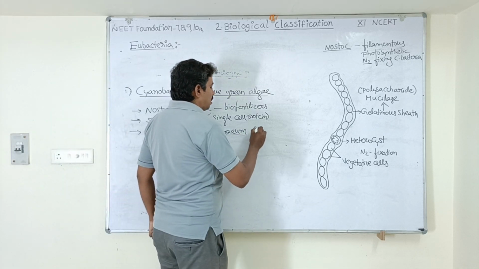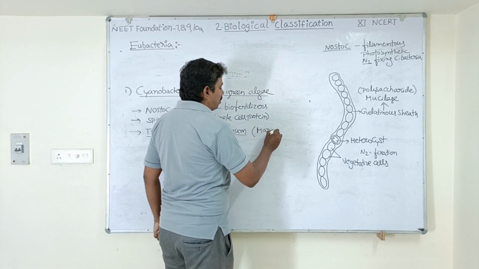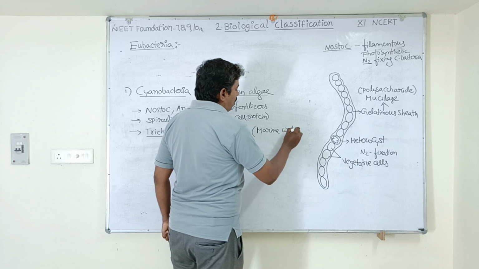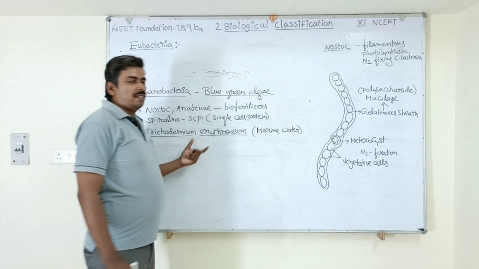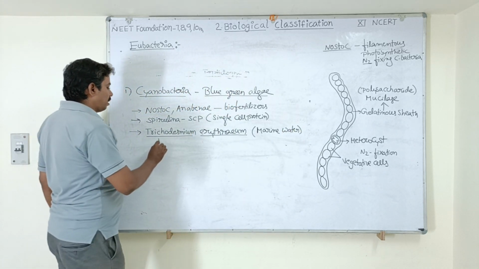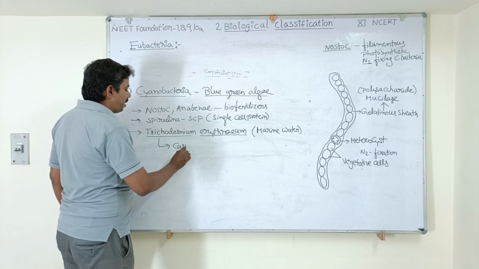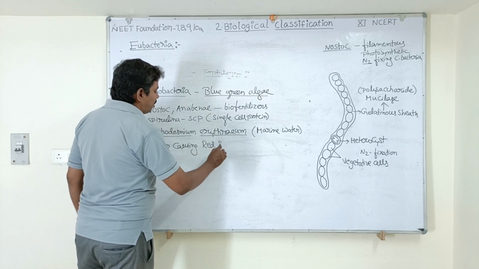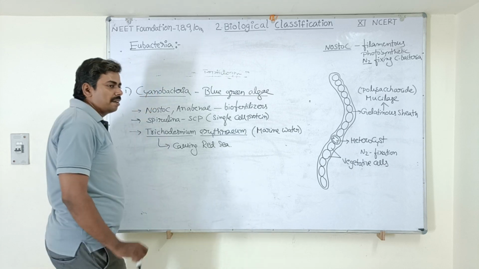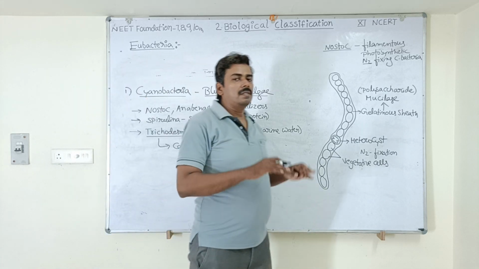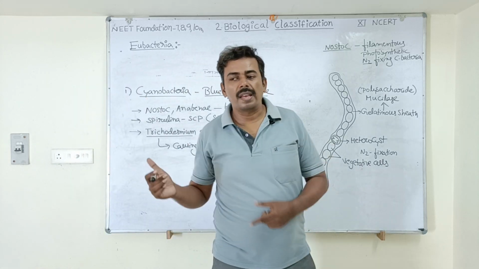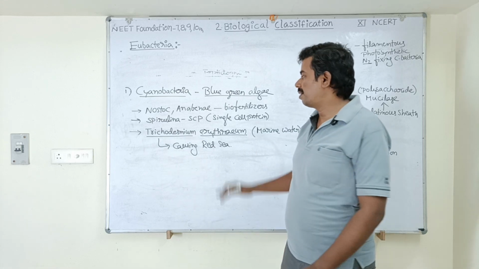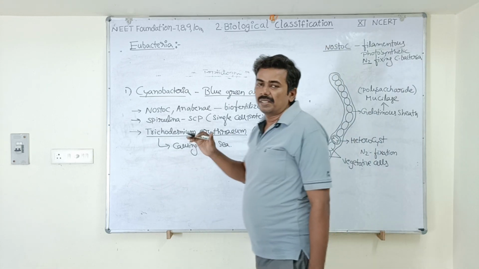It is found living in marine water, and it is known for causing Red Sea. That means the entire ocean appears red in color because of excessive growth of this cyanobacteria, Trichodesmium erythraeum.